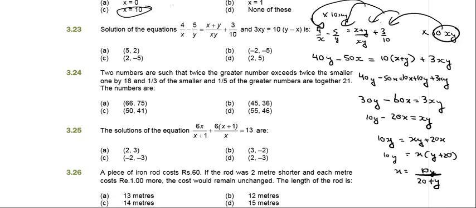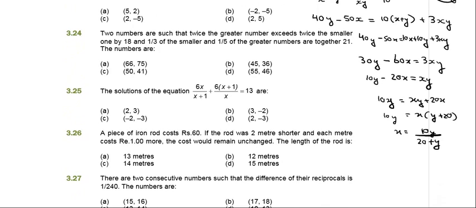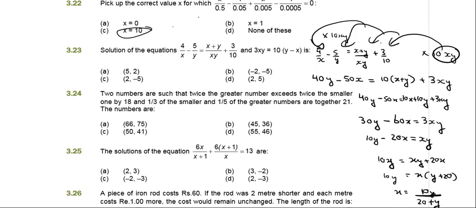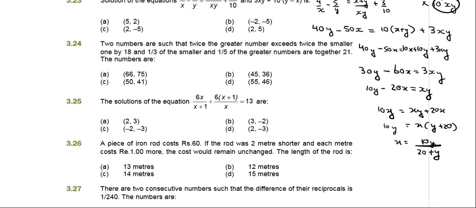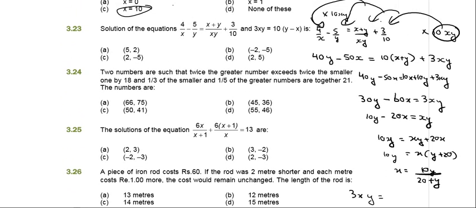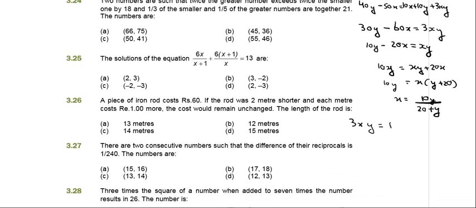Now we can substitute this value in our second equation. Our second equation as given above is 3xy is equal to 10 times y minus x.